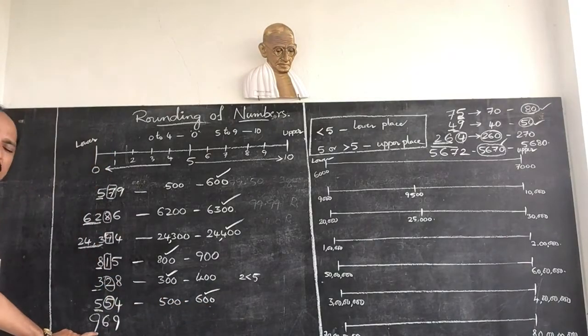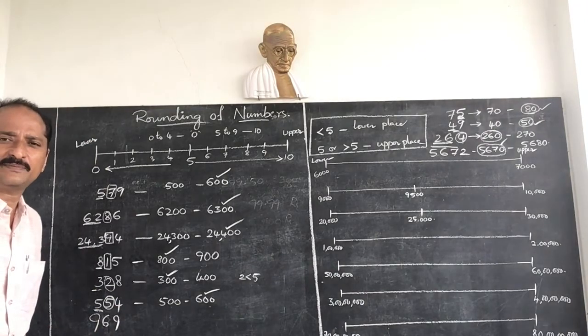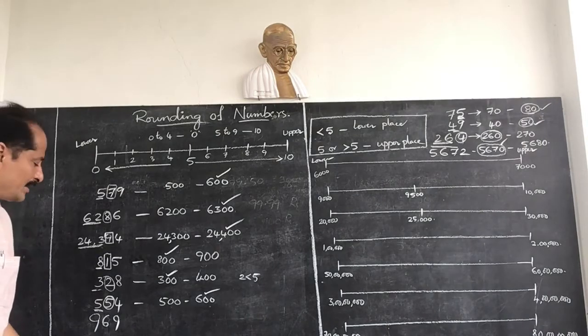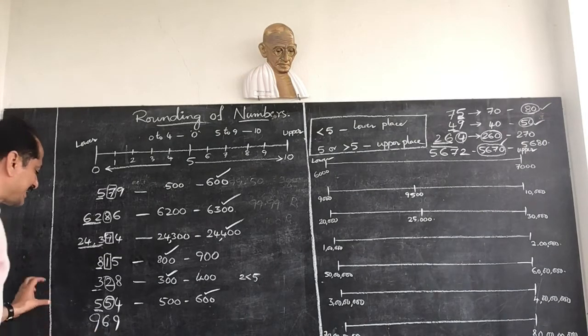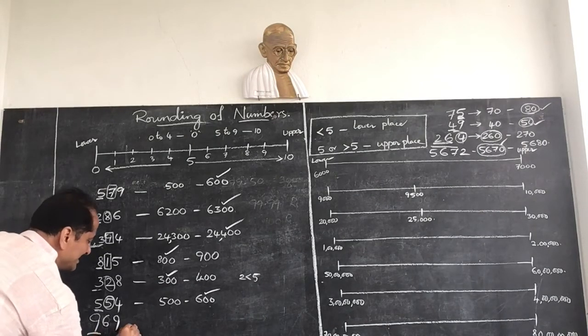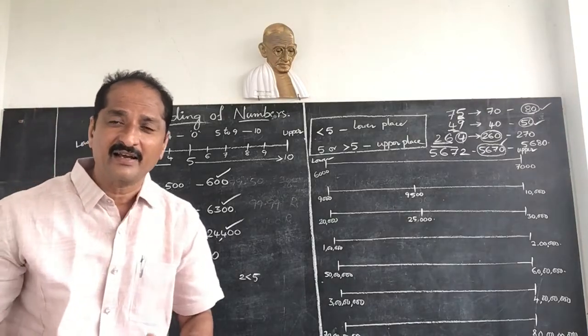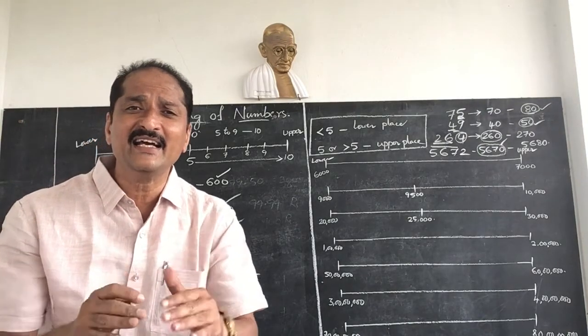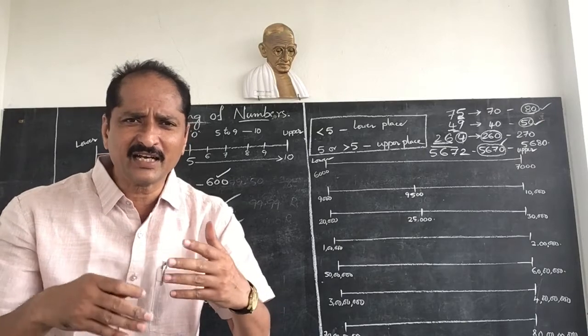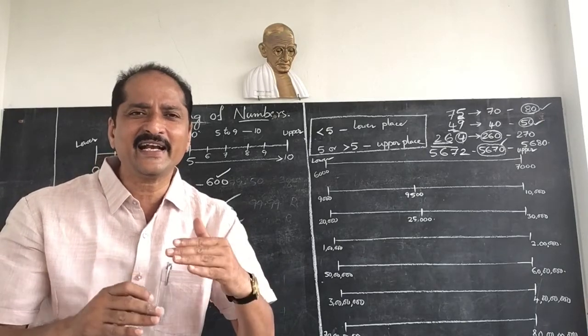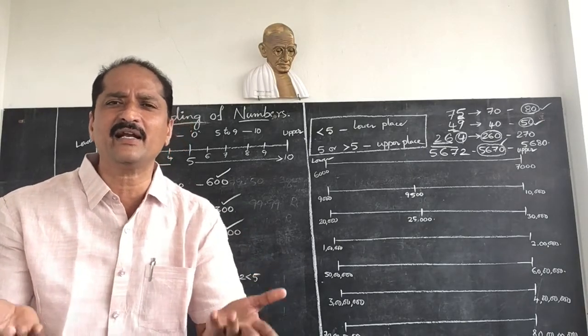Now observe 969. Round off this number to the nearest hundreds place. How many hundreds are there? Ones, tens, hundreds, 900s. That means this number is in between 900s and the next, 9 after 10, very good, 1000.